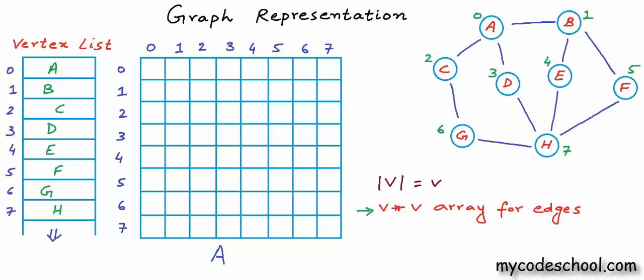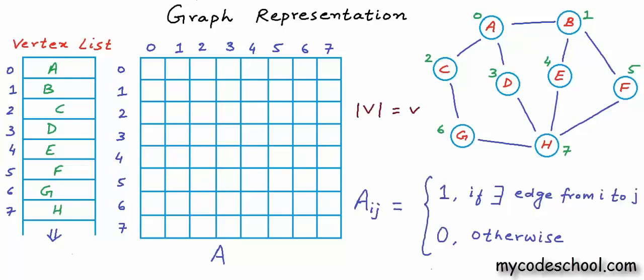We are picking up indices from the vertex list. Okay, so if the graph is unweighted and each vertex has an index between 0 and v minus 1, then in this matrix or 2D array, we can set ith row and jth column, that is A[i][j], as 1 or boolean value true if there is an edge from i to j, 0 or false otherwise.